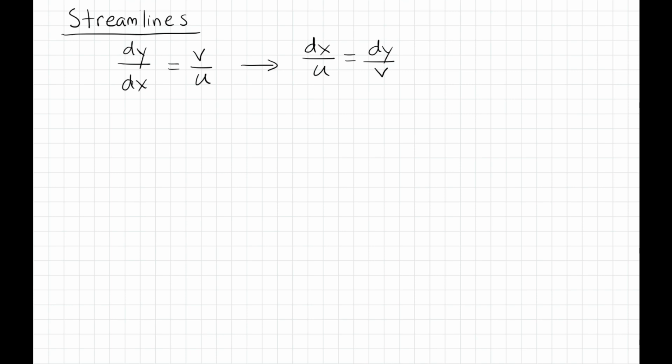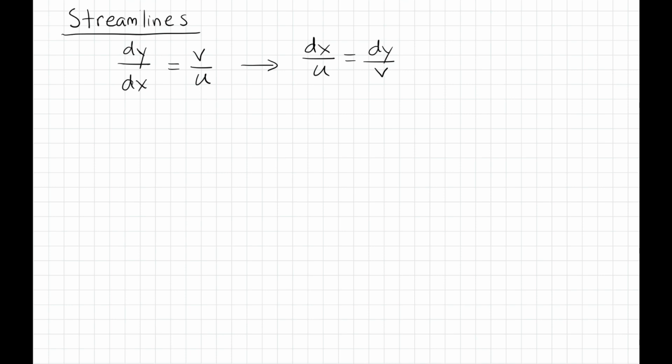Or equivalently, I can move that over in a different way and write that the length dx of a piece of the streamline should move proportionally to the horizontal component of velocity, while the vertical component, its length dy, scales with the vertical component of velocity.